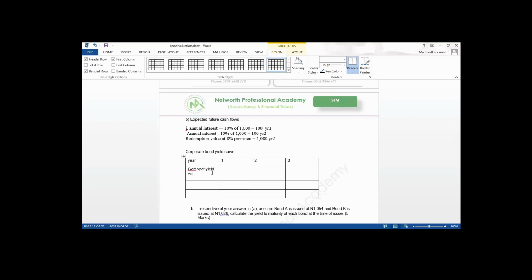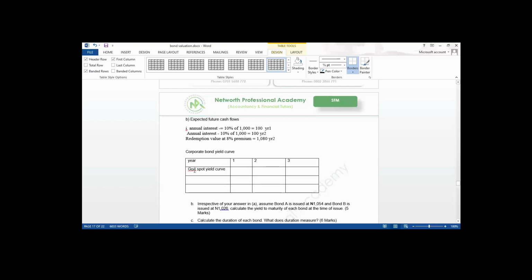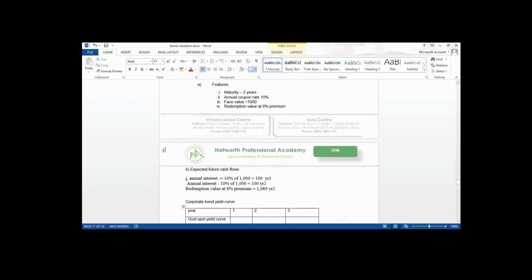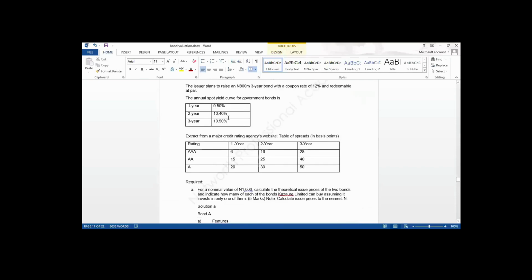That was all you are given. Pick the rates you are given for government. Look at the rates. The rates we are given.